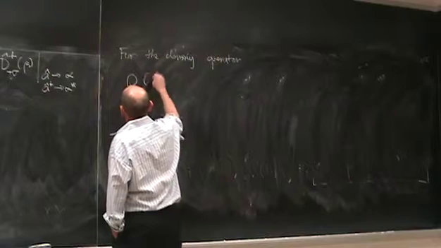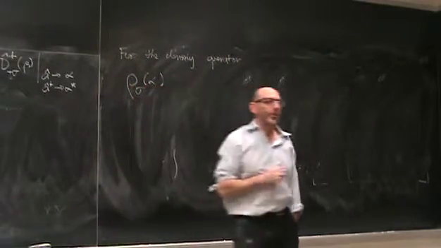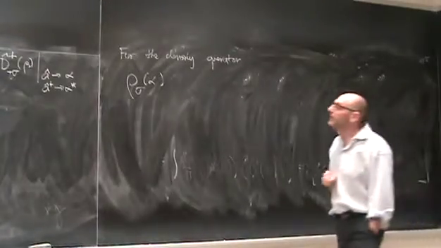I'll write this rho sub sigma. I won't explicitly write out the alpha and alpha star anymore. It'll be clear.